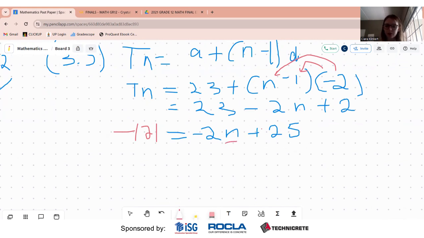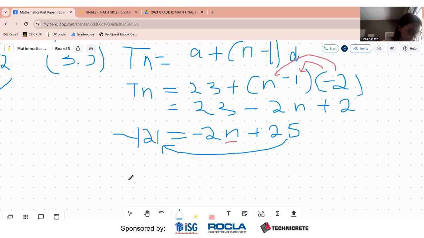First thing I want to do is take this 25 over. It's going to become minus 25. And negative 121 minus 25, you can pop that in your calculator and you will get minus 146.